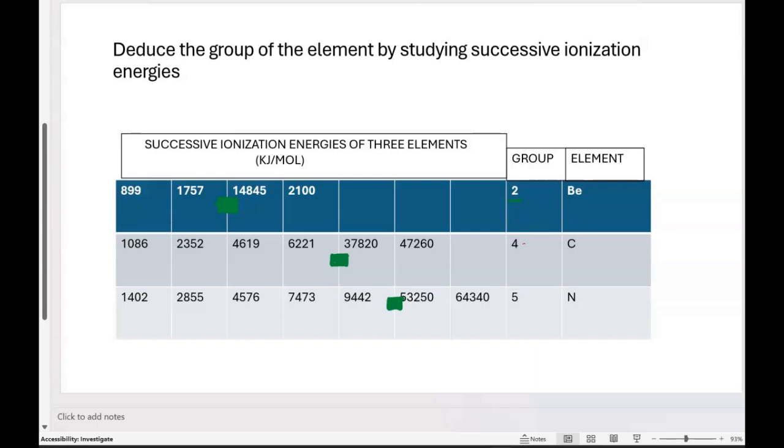In element 2, there is a noticeable rise in ionization energy after removal of the fourth electron, suggesting the element belongs to group 4. In the third element, there is a significant rise in ionization energy after removal of the fifth electron, suggesting it belongs to group 5.